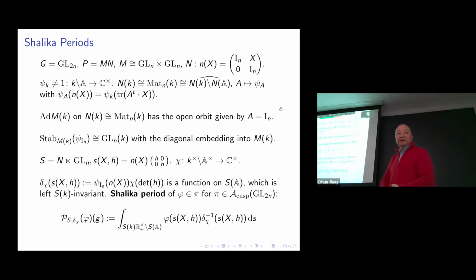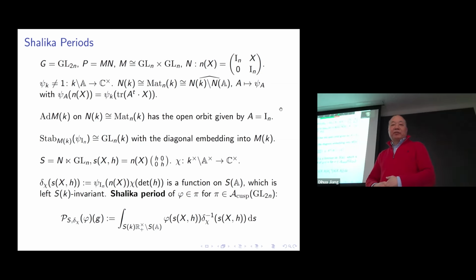Okay, so the Shalika period. This is very simple: take GL2N, and the parabolic with Levi GLN, and the unipotent radical is abelian, right? And then you fix a character, which is an adelic character modulo rational.